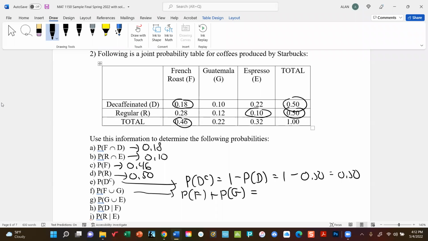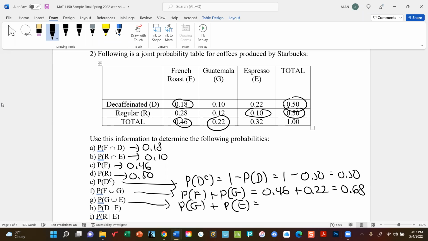So for these union questions, we can use the simplified addition rule. F is 0.46, and G is 0.22, so 0.68. Similarly, this is the probability of being either Guatemala or espresso. Add up the totals. G has a total of 0.22, E is 0.32.